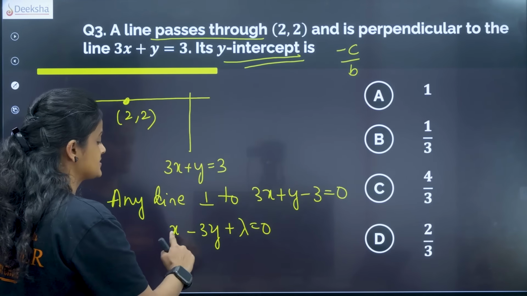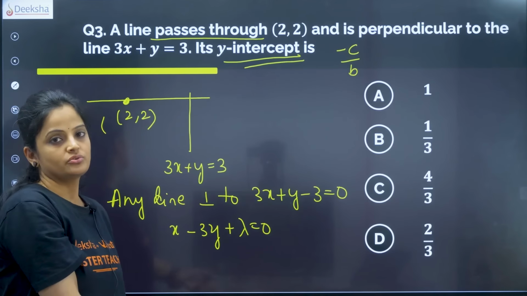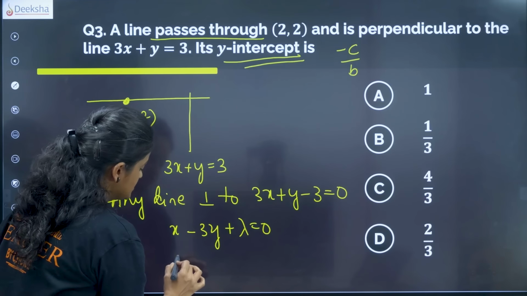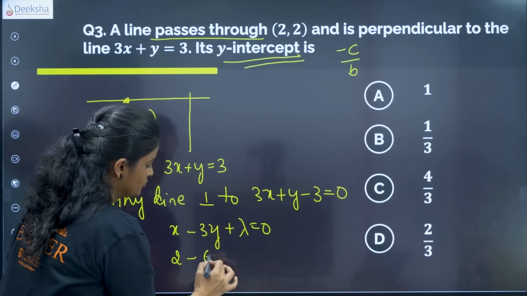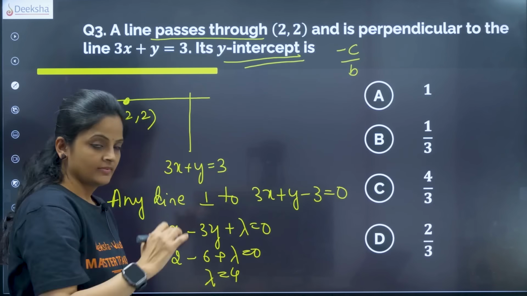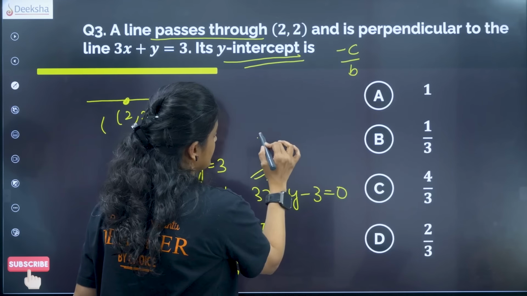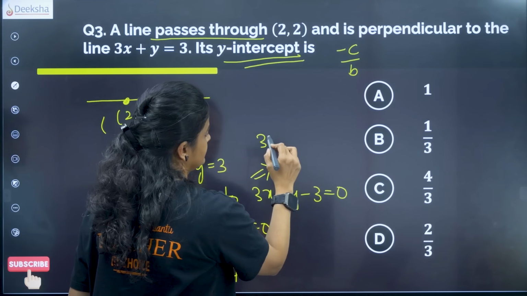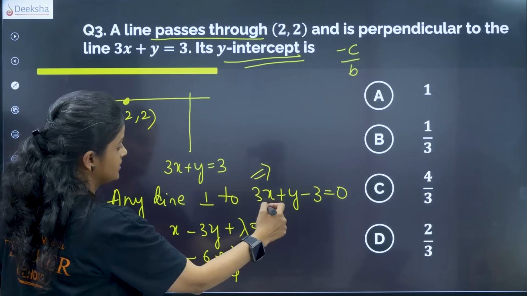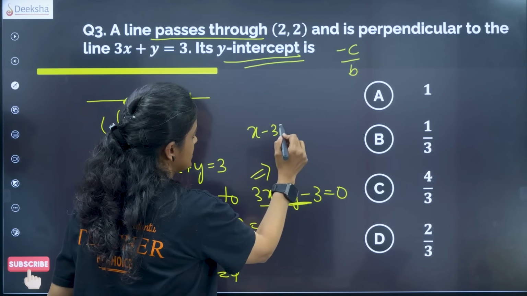But to get the x and y value, they have given the point 2, 2. Substitute x as 2 and y as 2. If x is 2 and y is also 2, lambda becomes 4. If lambda is 4, the equation becomes, for 3x plus y equal to 3 we have taken the perpendicular, x minus 3y.